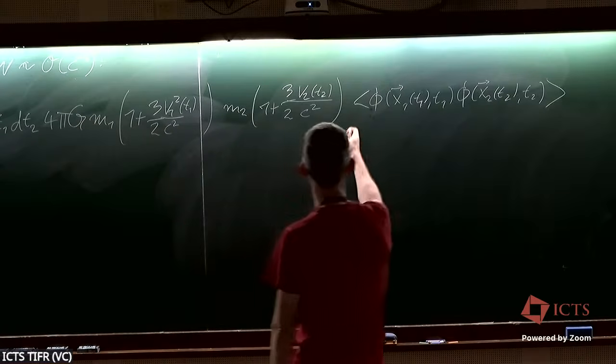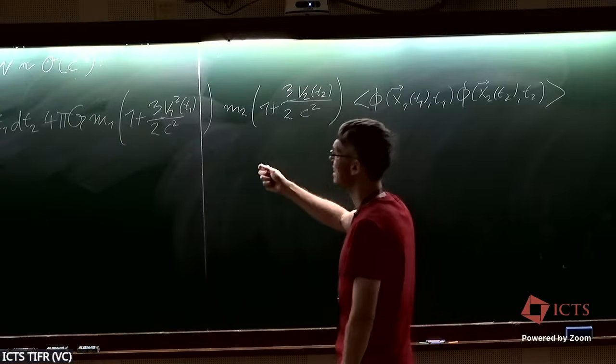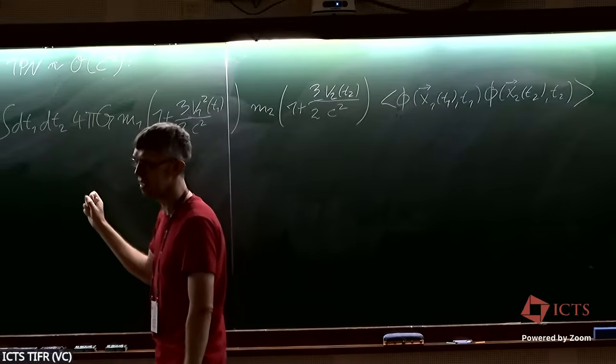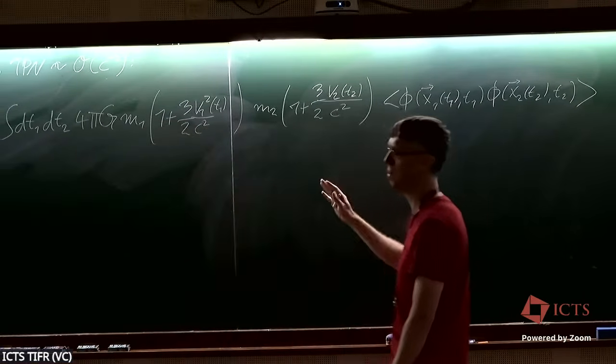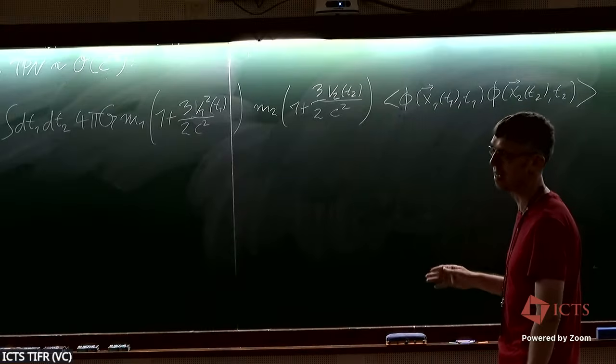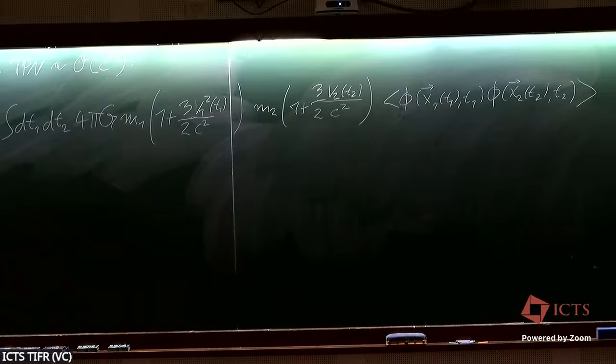One thing that one immediately sees is that one gets a delta of t1 minus t2, so the second time integral immediately goes away. The times are equal. So maybe for this one we wouldn't have needed to keep track of the times, but that is not always the case, in particular when you have time derivatives acting on the field.